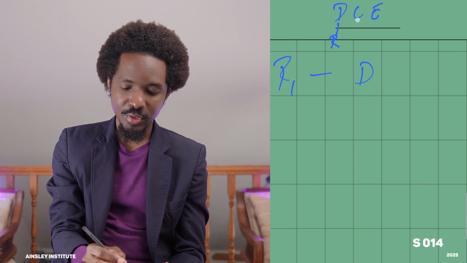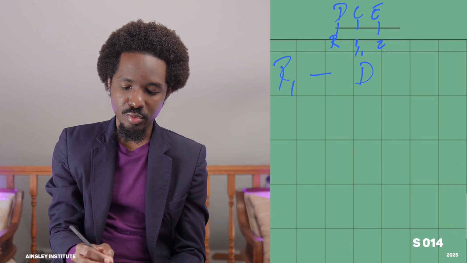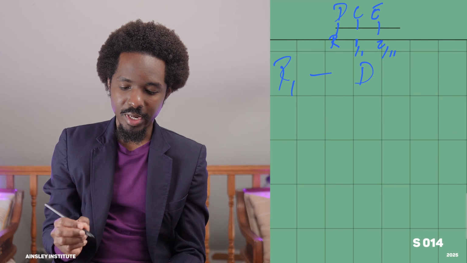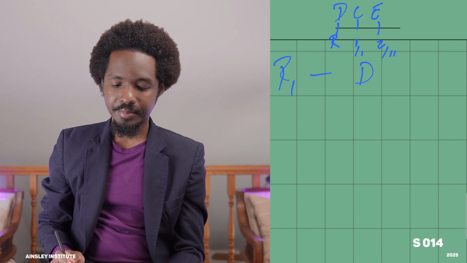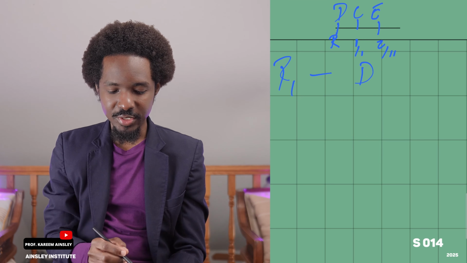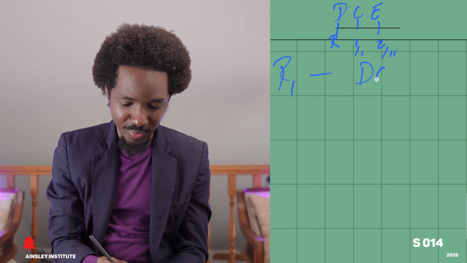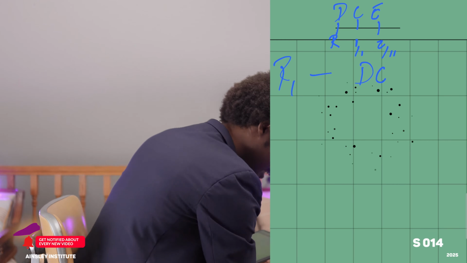This is R. C is 1 and E is 2, or we have prime or double prime. So use that now to put things into perspective. So when we have big R and 1, it tells us that we have D and we also have C. All right? So that is something that we should bear in mind.